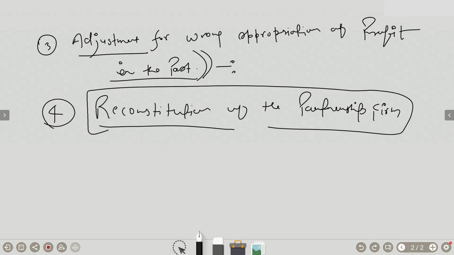After some time, Pooja also wants to join the partnership firm. So the existing relationship between Amit and Rohit is now wound up. If Amit and Rohit want to admit Pooja into the partnership firm, then they have to reconstruct their agreement. That agreement is a new agreement between all these three partners.